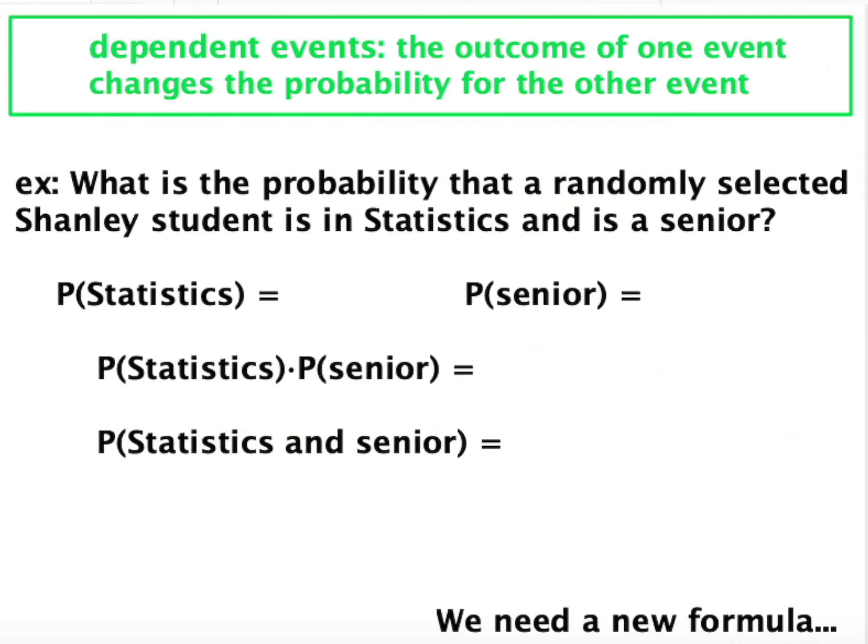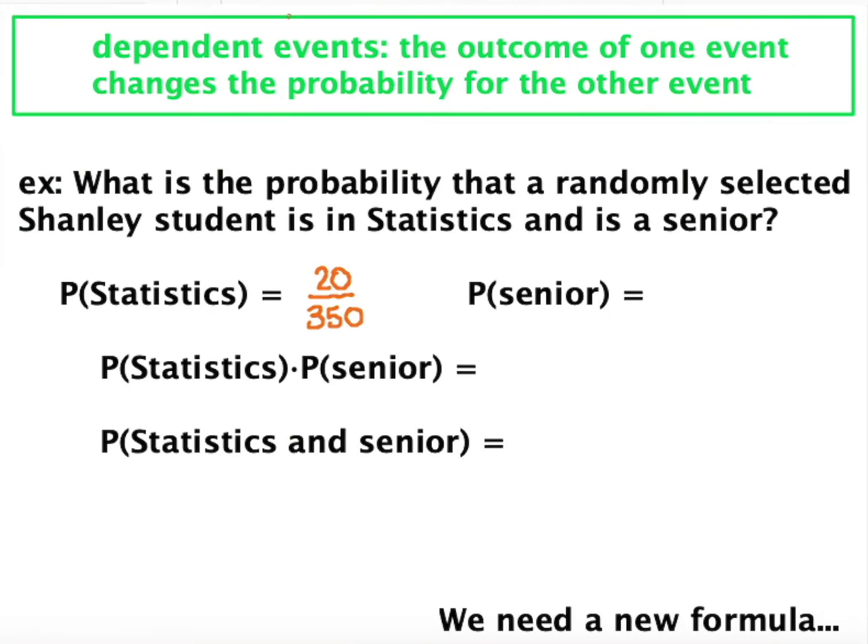So here's an example. When we talk about Shanley students being in statistics and being seniors, we know that seniors take statistics more than other students do, and that's why these would be considered dependent events. So let's make up some numbers again. The probability of taking statistics. Well, this year I've got 20 students in statistics, and how many students in the school? Should we just say 350? I'm estimating.